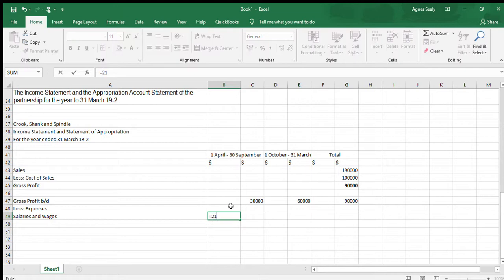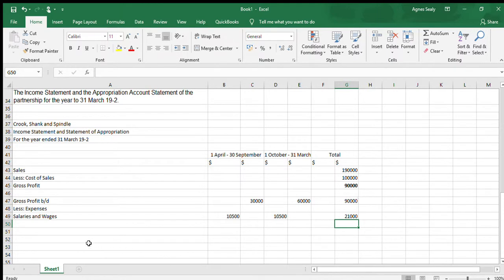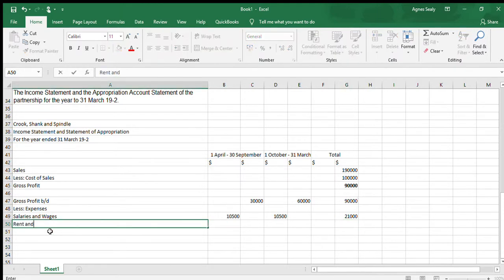It will be half, which is $10,500 for the first period and $10,500 for the second period, which would give us our $21,000 for the year. Our next expense, rent and rates.